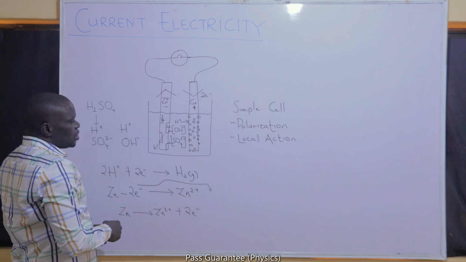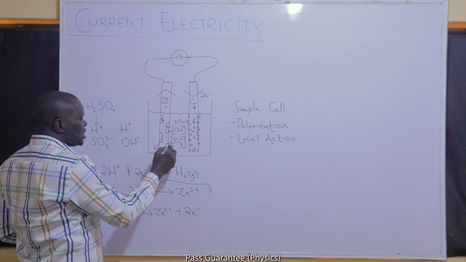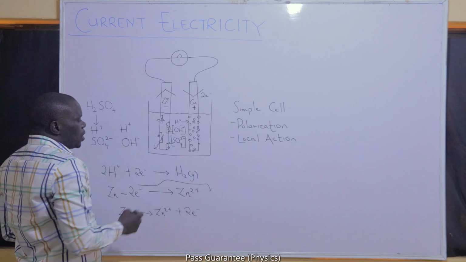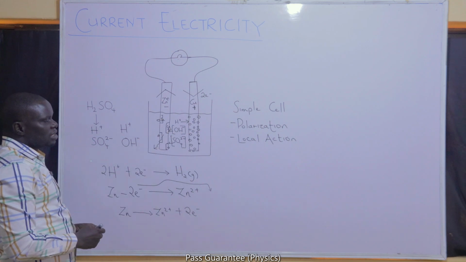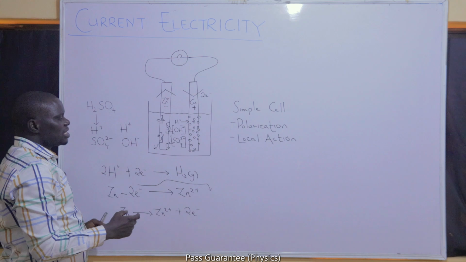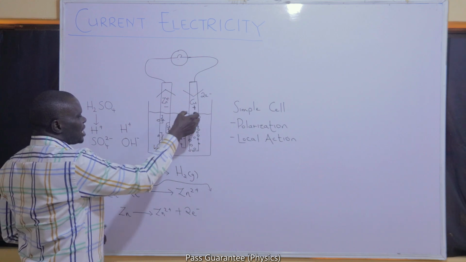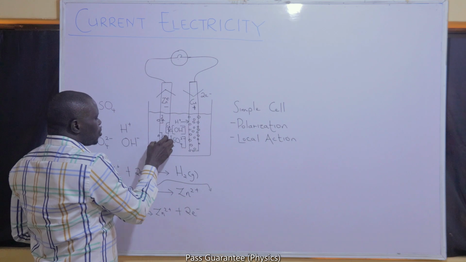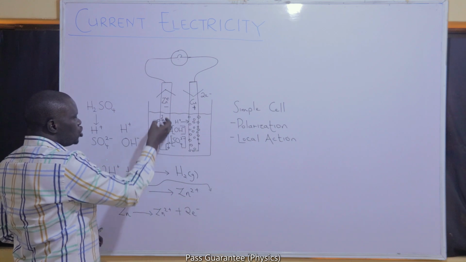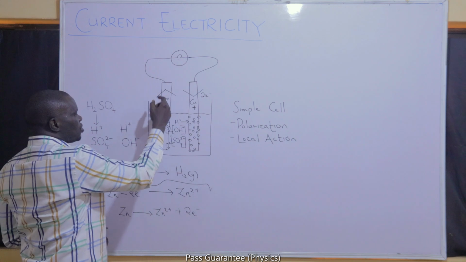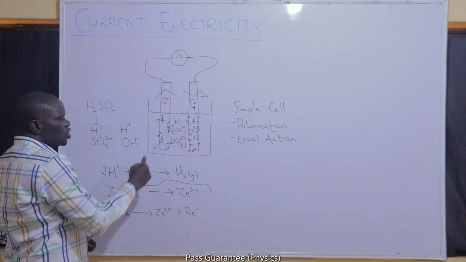What will happen now is you will start to find hydrogen bubbles around the zinc electrode. When hydrogen bubbles form around the zinc electrode, it simply indicates that there are components on that zinc electrode that are also behaving like copper. The zinc electrode is not expected to use electrons. It is expected to generate electrons from the ionization of zinc into the solution.